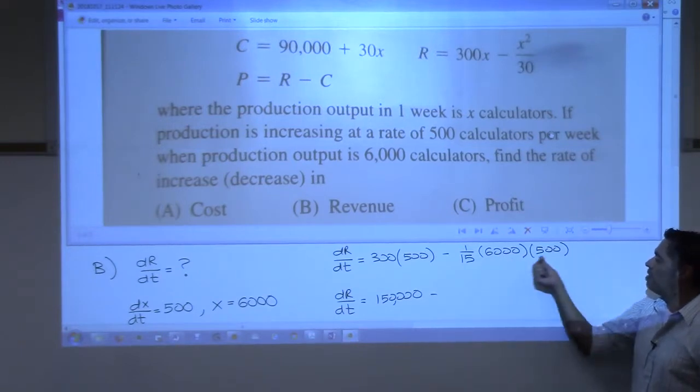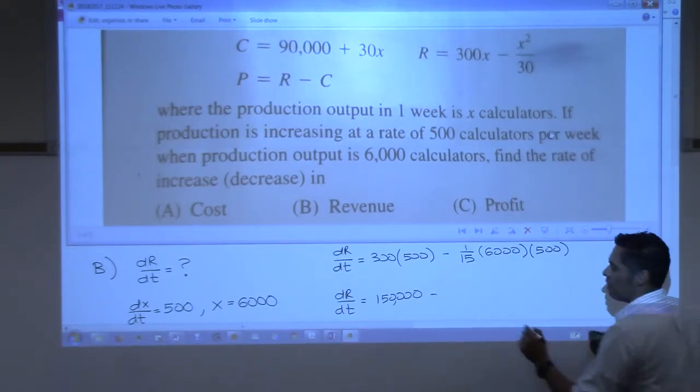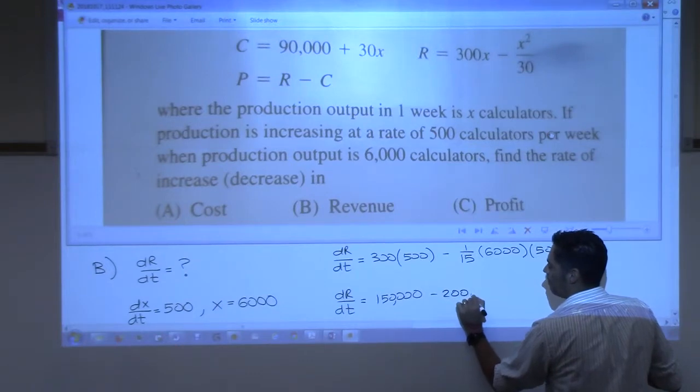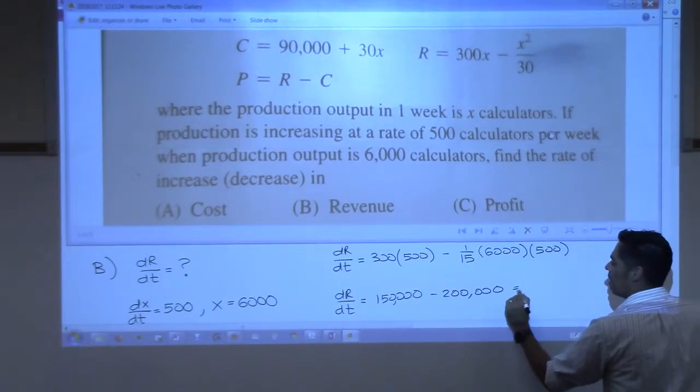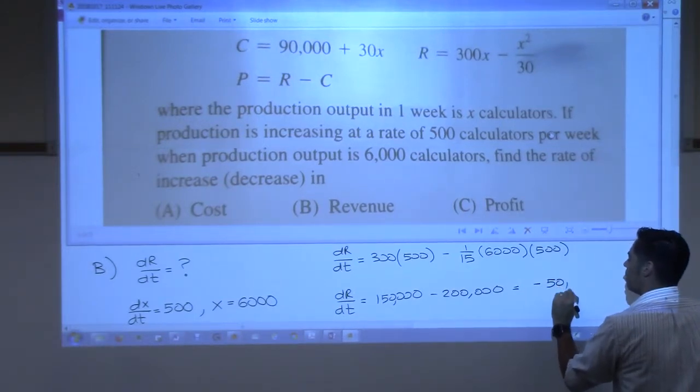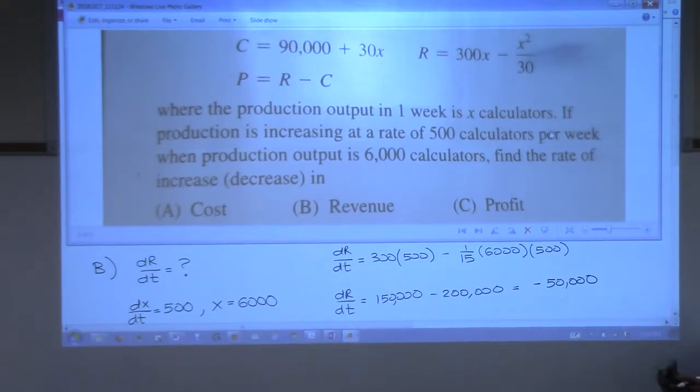Yes, I know this is 400 times 500, right? So 200,000. All right, I want to make sure y'all are getting it though. 200,000 there, and then subtract, and you get negative 50,000. That's a lot. Negative 50,000 what?